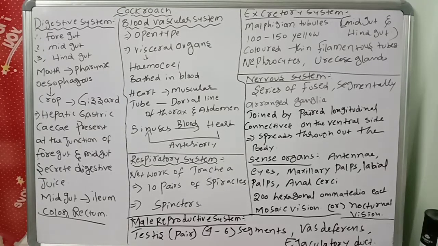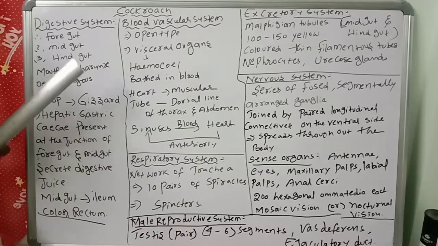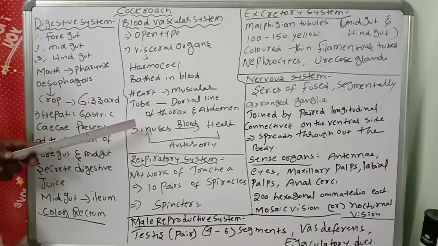But when the blood is flowing in open canals, again I am repeating, when the blood is flowing in open canals or sinuses, that is called open type of circulation system.